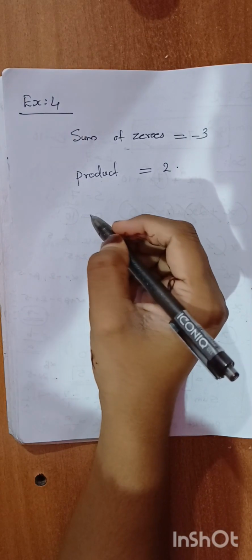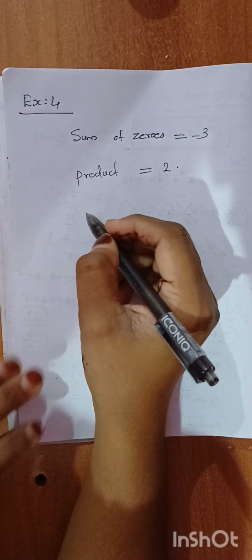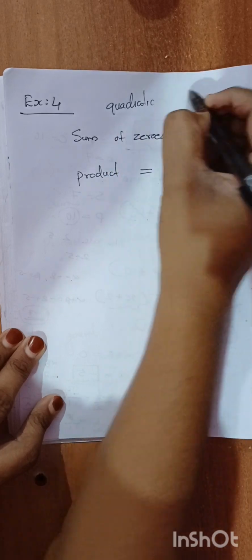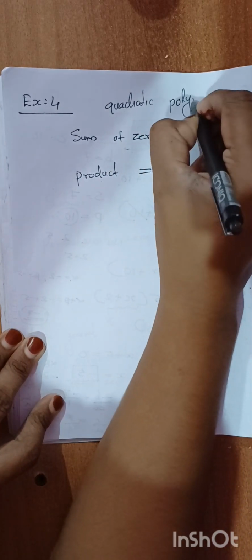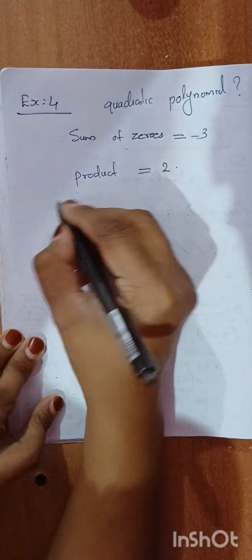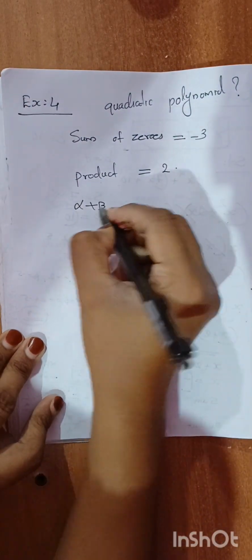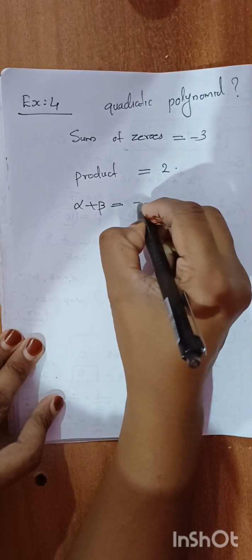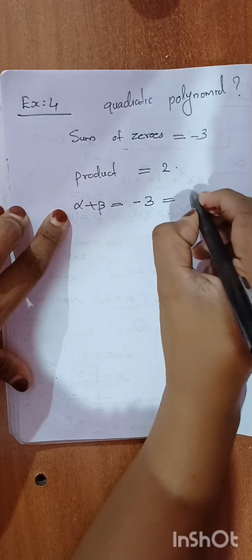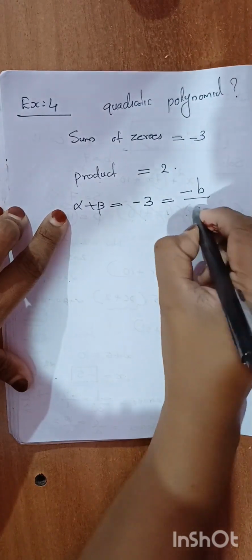You have to find out a quadratic polynomial, and the sum and the product are already given in the question. You have to write the quadratic polynomial, and alpha plus beta, that is the sum of the zeros, is equal to minus 3, which is equal to, we have already studied, alpha plus beta is equal to minus b by a.